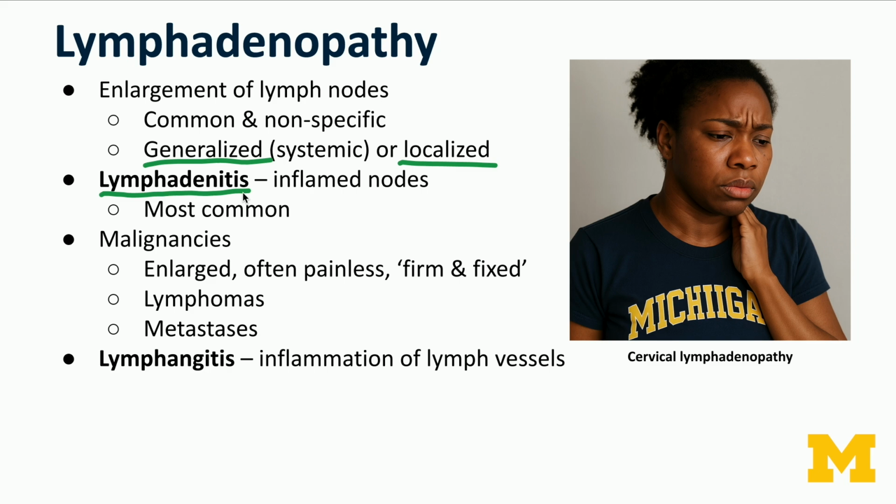That itis is indicative of an inflammation, and this is the most common type of lymphadenopathy. Lymphadenopathy, while oftentimes indicative of a rather benign infection, might also be indicative of a malignancy or a cancer.